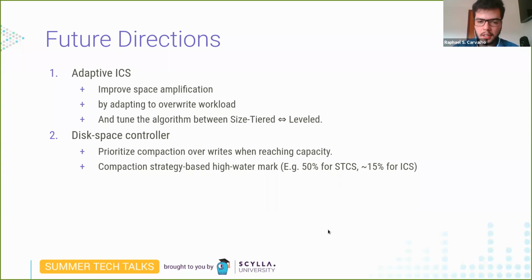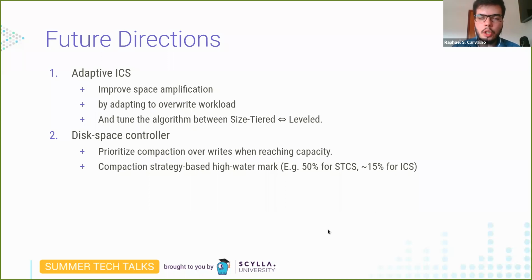So the idea is to have a controller that would allow us to throttle writes on behalf of compaction. And, as an implementation detail, we could have a high watermark.